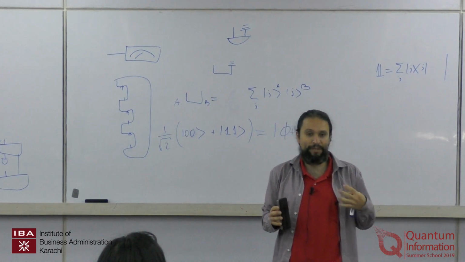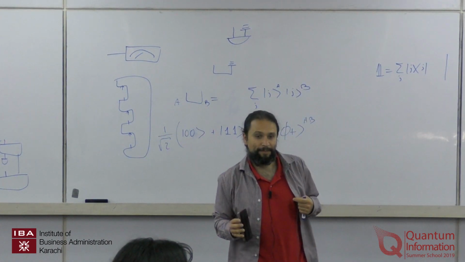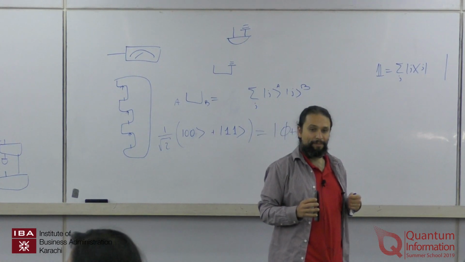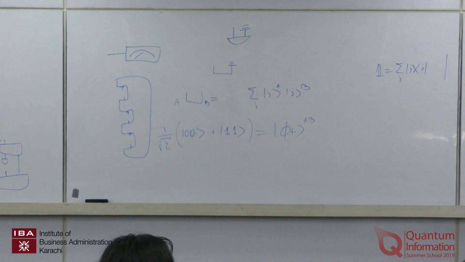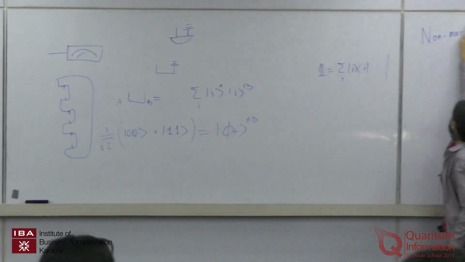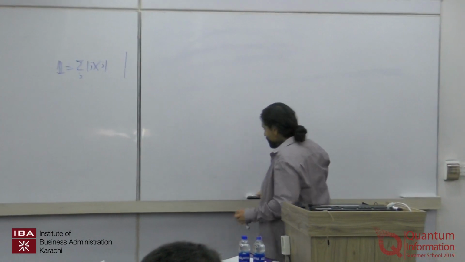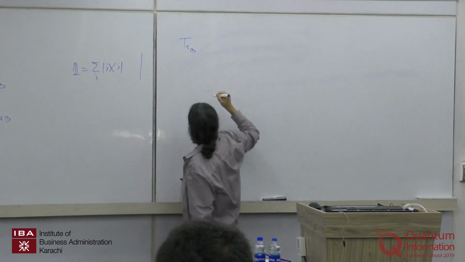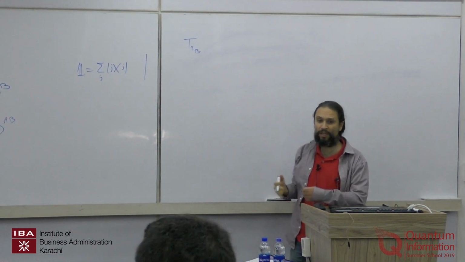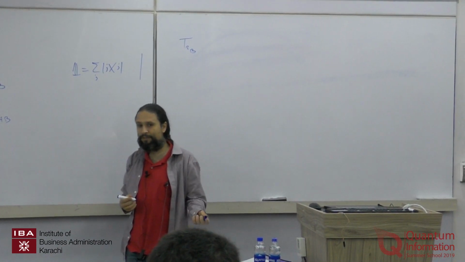Okay, so before we take the trace over B of what? So okay, let me write it down. So the trace over B of. So when we take a partial trace, it has to be. Can it be a partial trace of a vector?